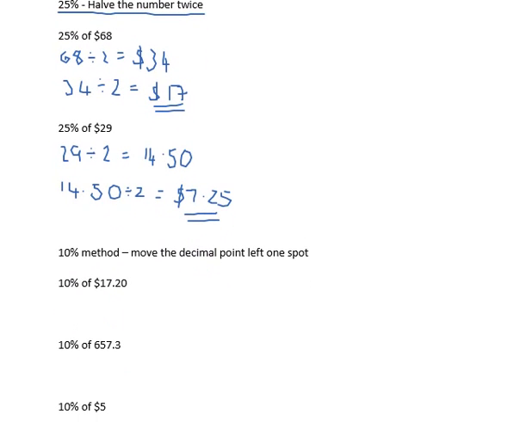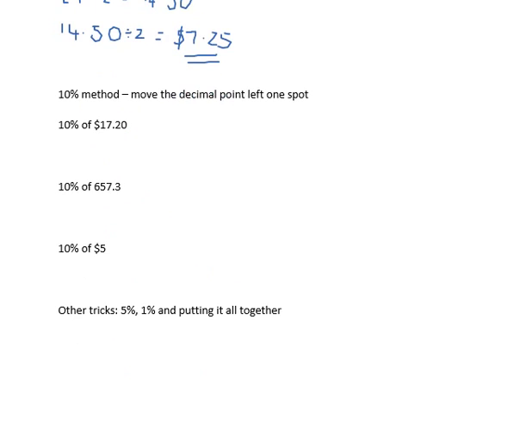The next method I'll talk about is the 10% method. Now the 10% method involves moving the decimal place one spot to the left. So 10% of anything is found by lifting the decimal spot and moving it one spot in.